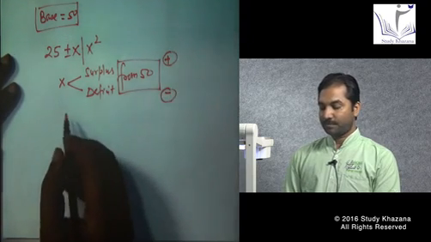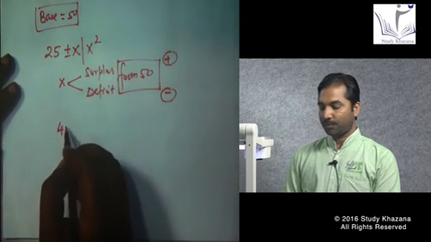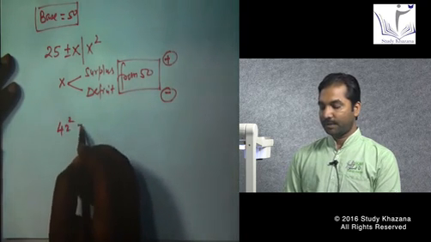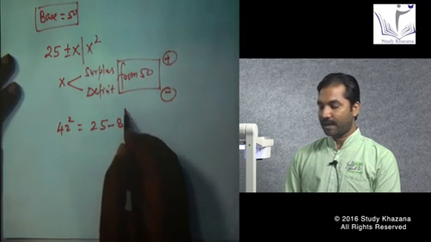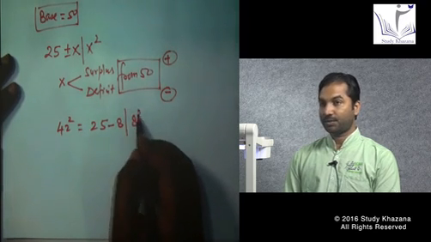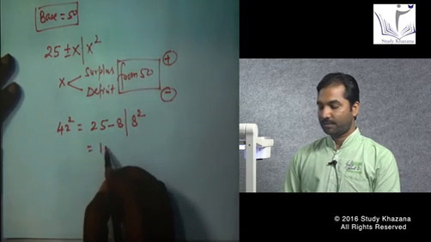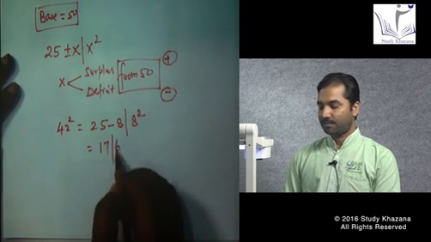Then we have to take an example. If we have to solve 42 square, it means 25 minus 8, and here you get 8 square. It is 1764.